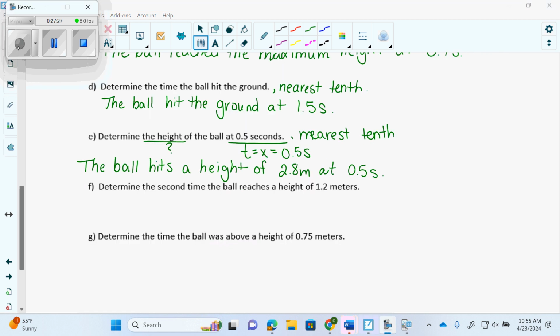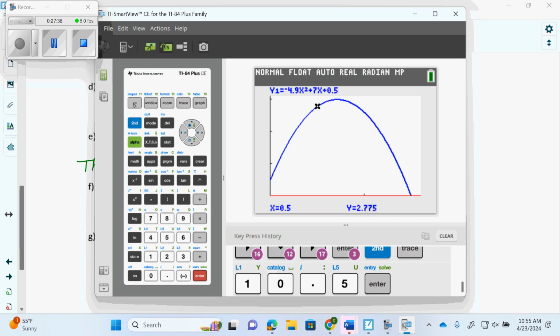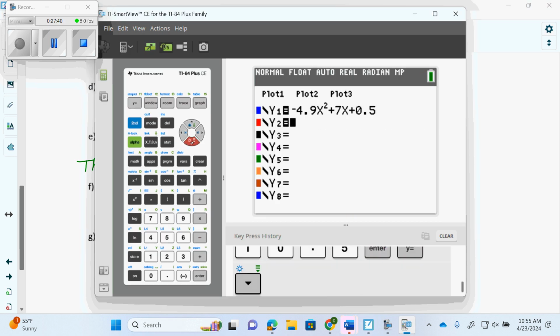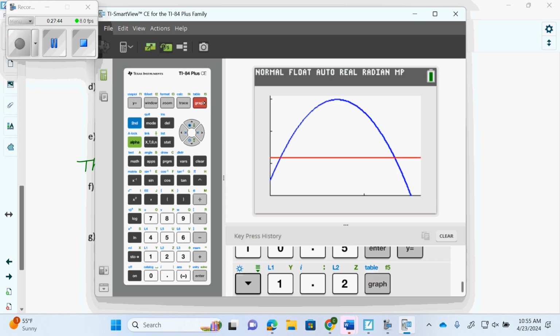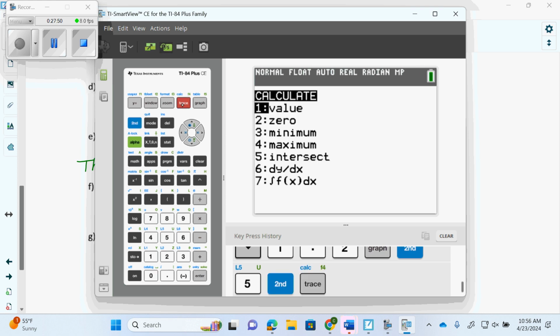Determine the second time the ball reaches a height of 1.2. So once again, h equals y equals 1.2. So we go to our y2, and we do 1.2. Second time. So yes, this one it does. I want that one. Second trace 5.